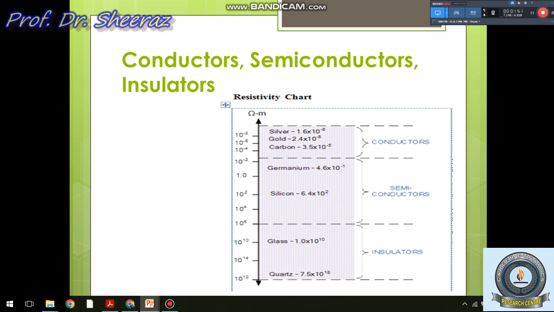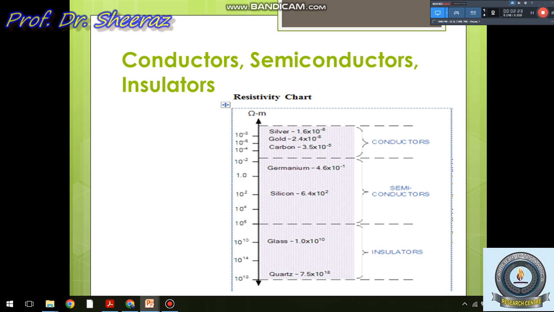On the y-axis we can see there is a resistivity axis which is representing ohm meter. According to the conductivity or resistivity, we can see that the resistivity of insulators is very high, starting from 10 power 6 till 10 power 15, and the resistivity of conductors is very low, going from 10 power minus 2 till 10 power minus 3.